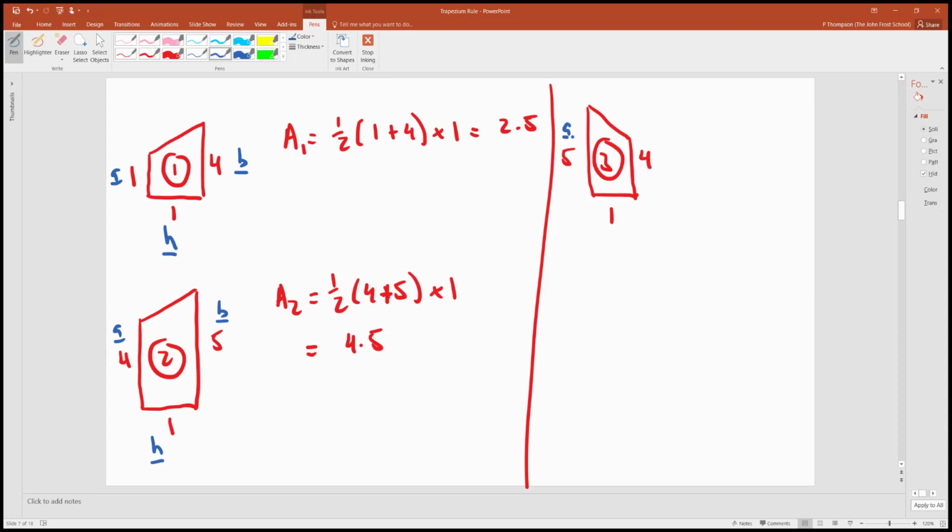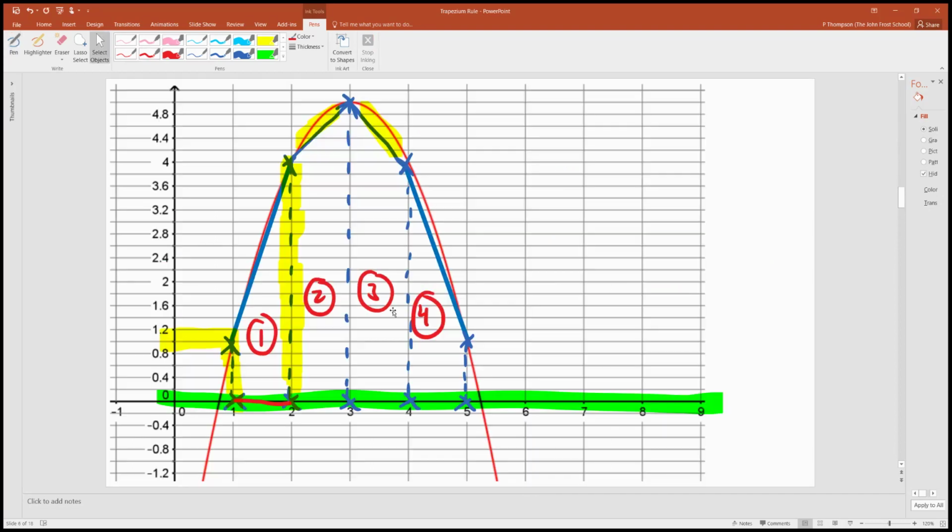So A, B, H. The area of 3 is 1/2 (A plus B) times H. Well, again, that's 4.5. And then trapezium 4, I think, is a mirror image of trapezium 1.